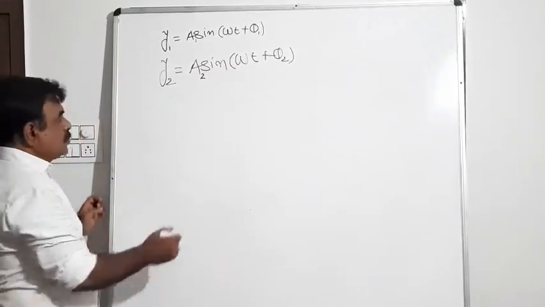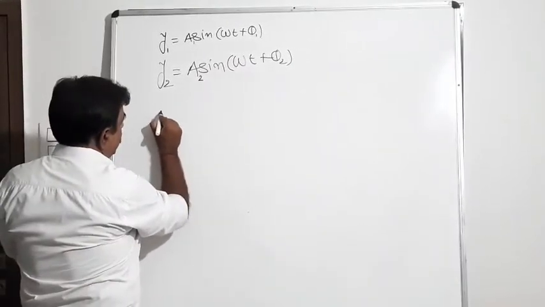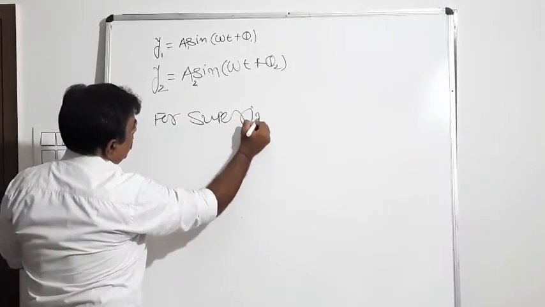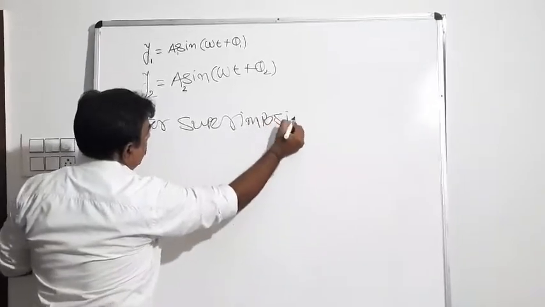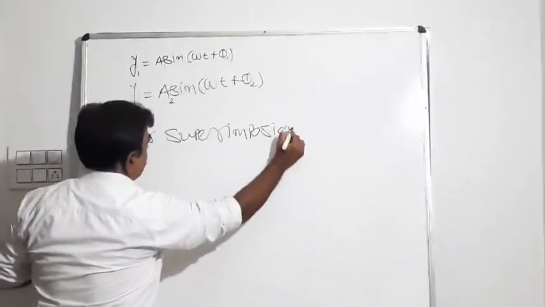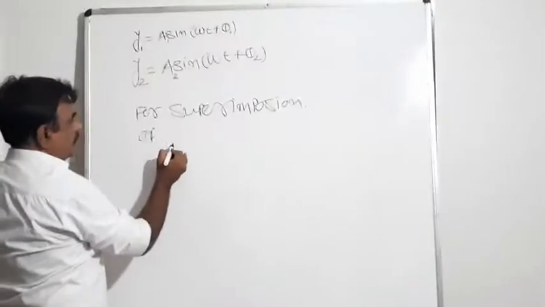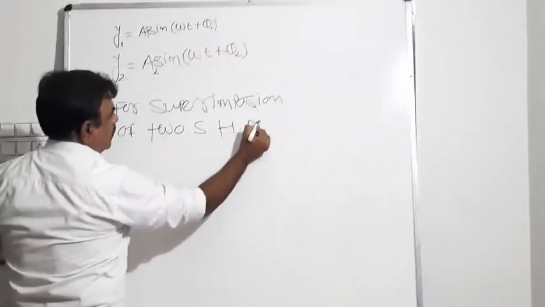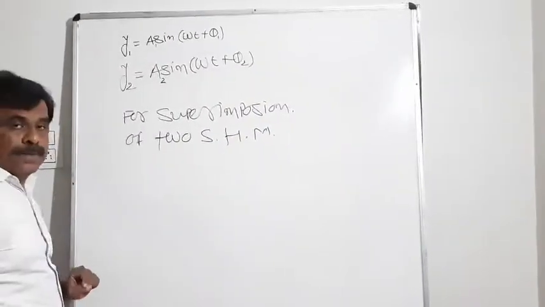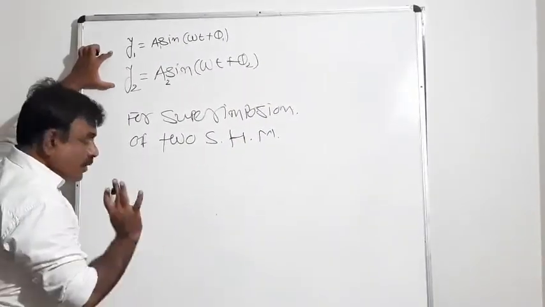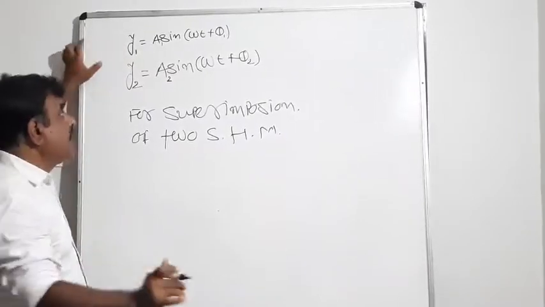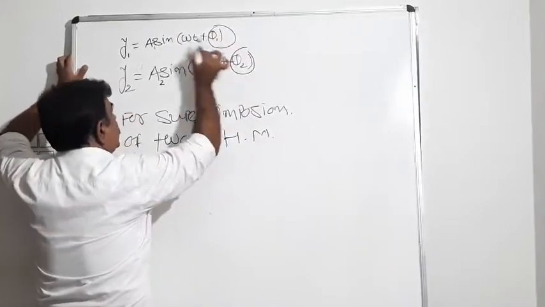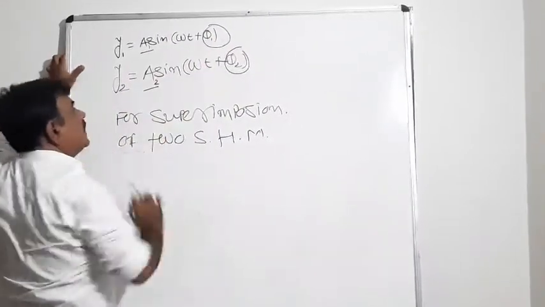Now when these two superimpose, for superimposition of 2 SHM, the resultant path will depend on phi 1, phi 2 as well as a1, a2.